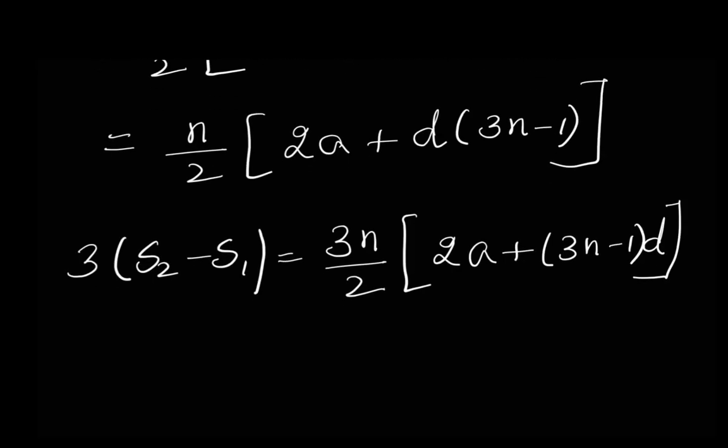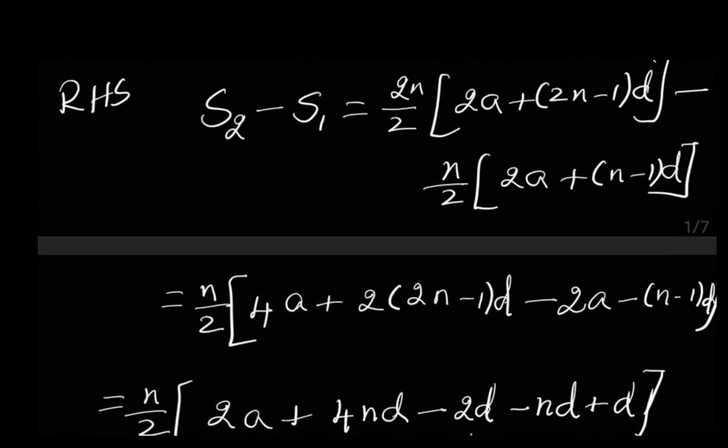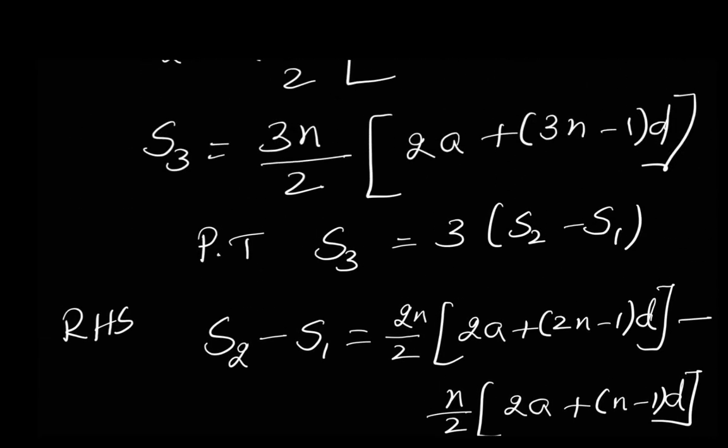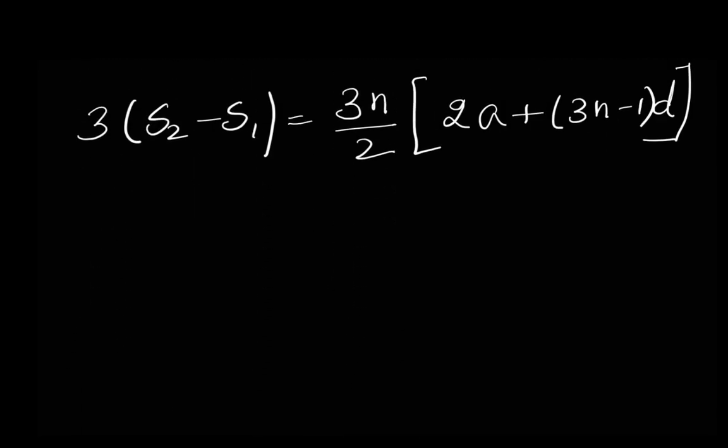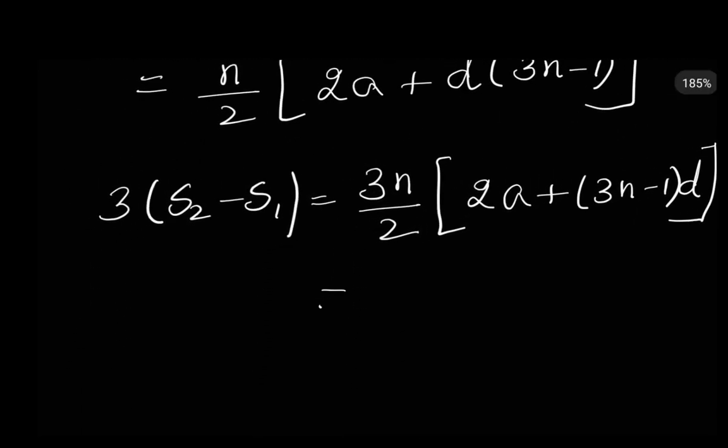This is the formula for S3, since S3 is the sum of 3n terms. The same formula we have got, so this is equal to S3. So this is our right hand side. That's all.